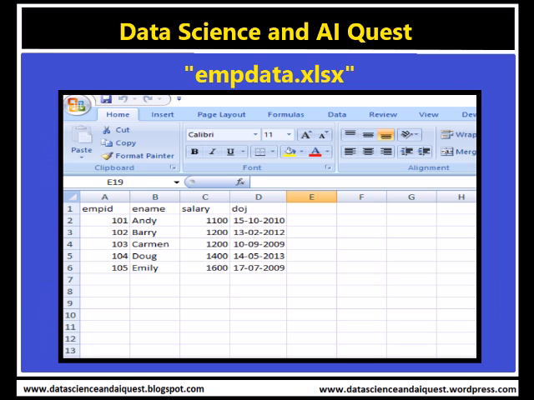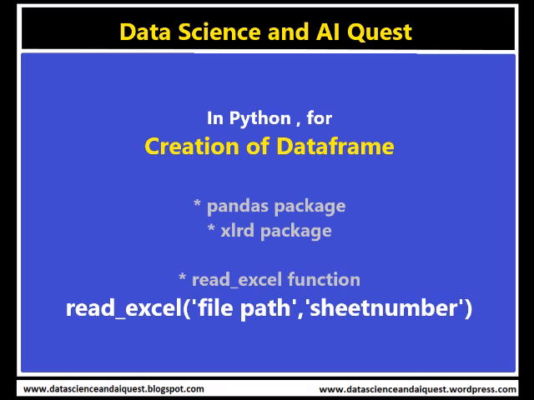This file contains data related to employee ID, employee name, employee salary, and date of joining in the company. So when we save the data with the file name empdata, this will be saved with an extension .xlsx. To create a data frame, one should first import the PANDAS package.